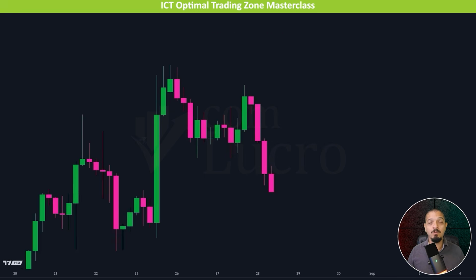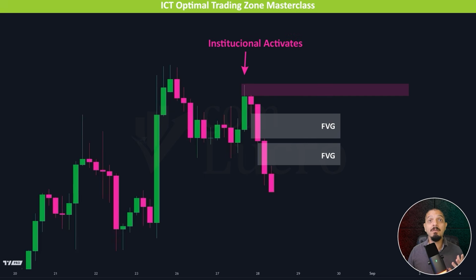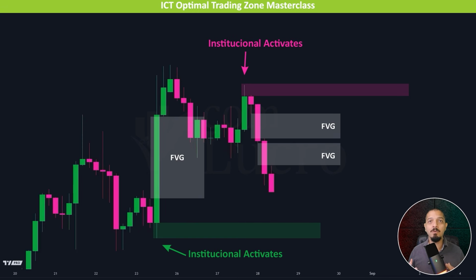When we observe price reacting from a higher time frame resistance level, it is reasonable to assume that institutional participants showed interest in selling at that area. On the other hand, if price moves higher from a support level, it indicates that institutions were likely interested in buying at that point. This approach keeps our focus away from minor intraday price noise.